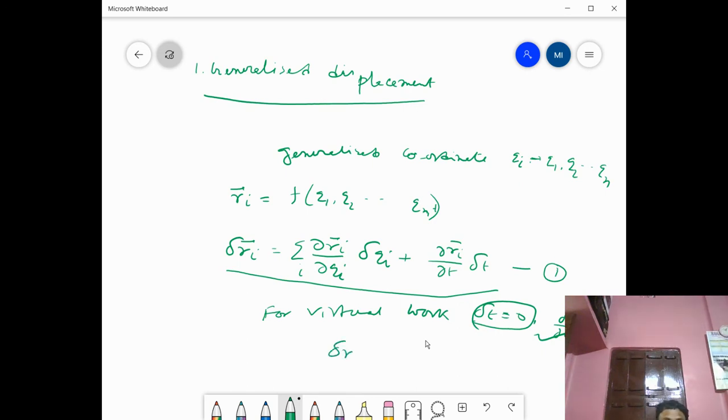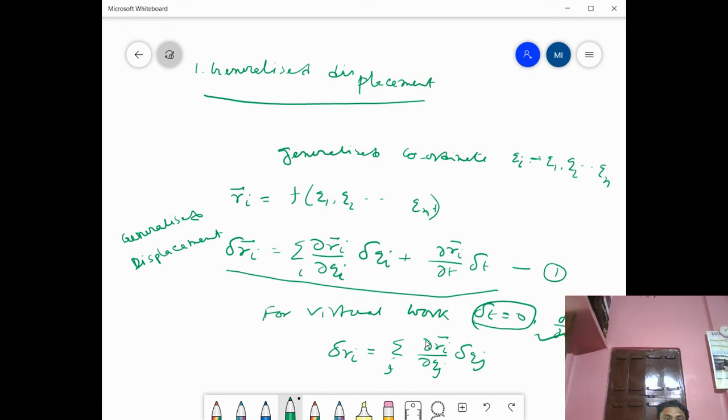So this displacement is called generalized displacement, and the virtual displacement will be summation over j of del ri by del qj delta qj.